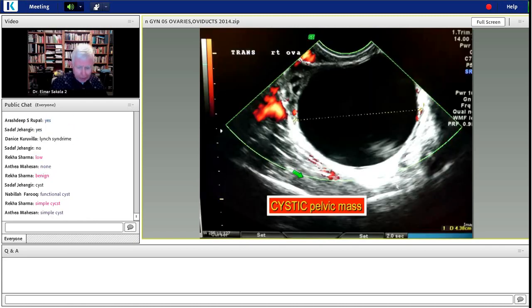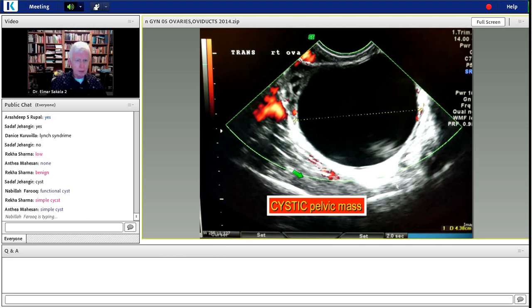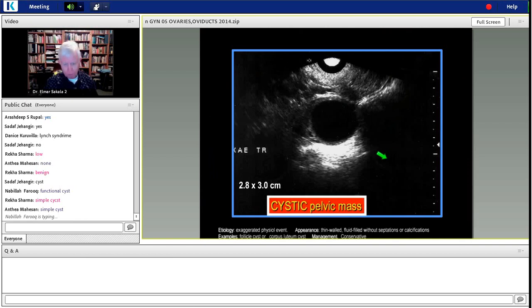When we look at a functional cyst, it should be a simple cyst. It should look like this. It is fluid-filled. It is round and smooth, no septations, no calcifications. It looks like a water balloon. This is 2.8 by 3 centimeters in size. Now, this is about the size of a dominant follicle just prior to ovulation.